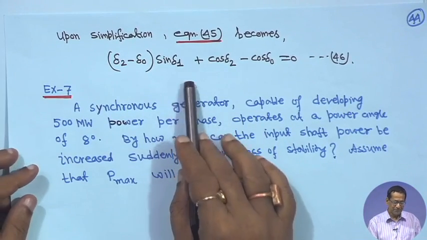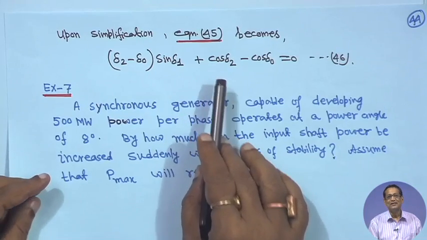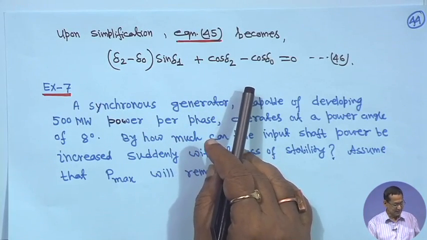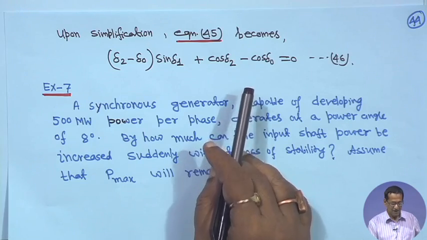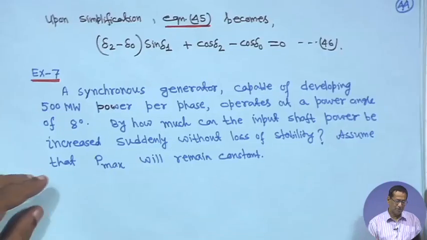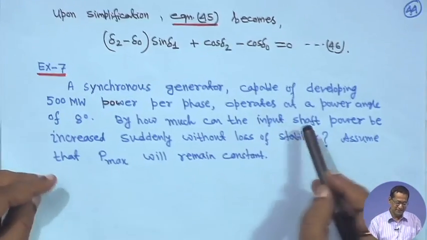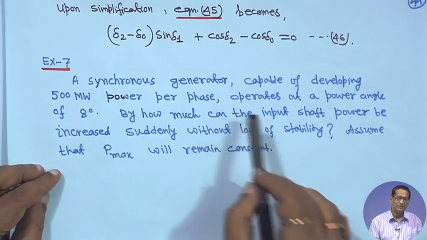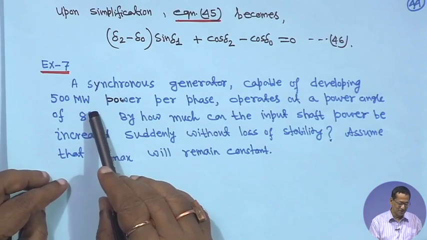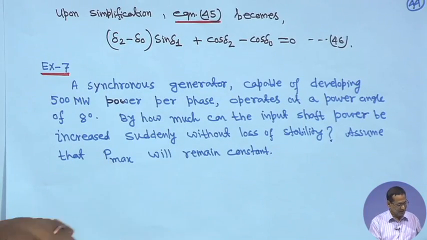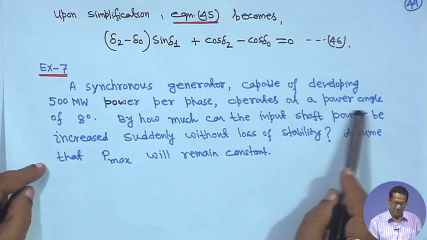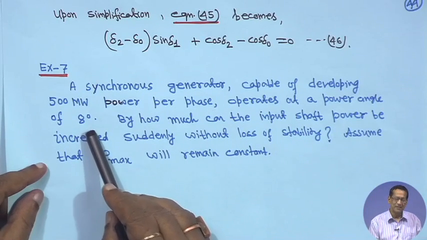This is the equal area criterion, and there are different conditions. We will solve this in the next class, but I am giving you a problem: a synchronous generator capable of developing 500 megawatt power per phase operates at a power angle of, say, 8 degrees.